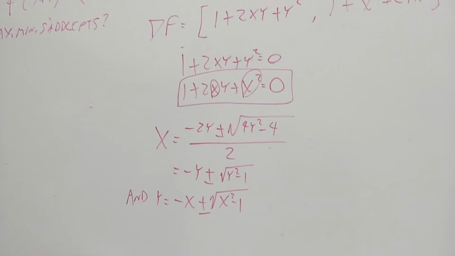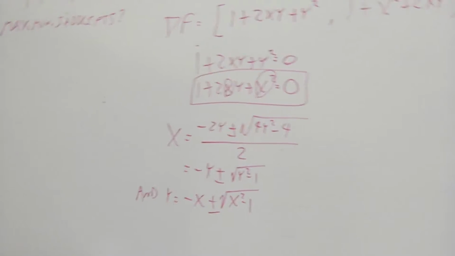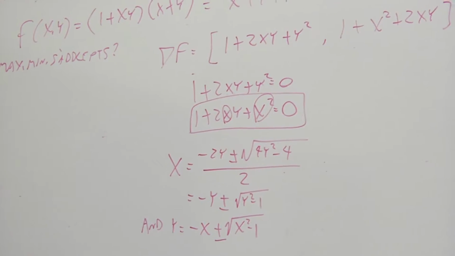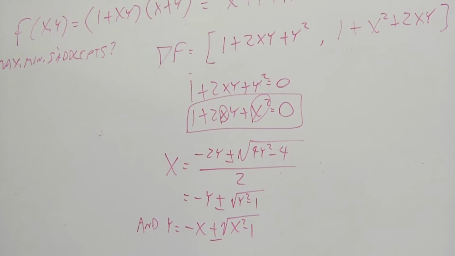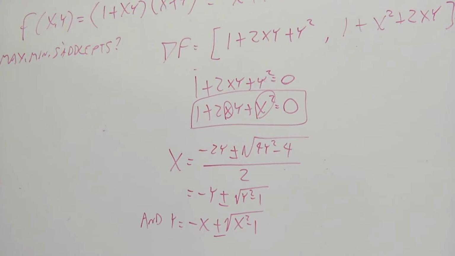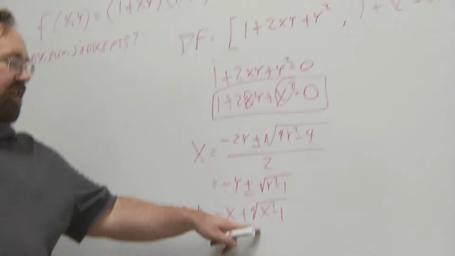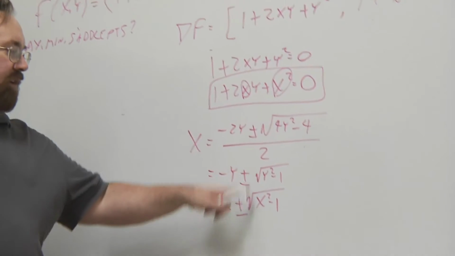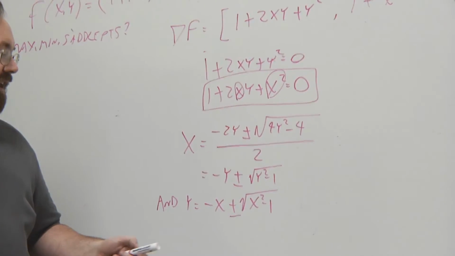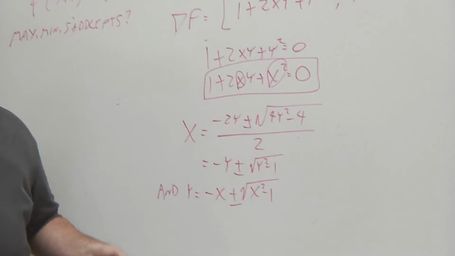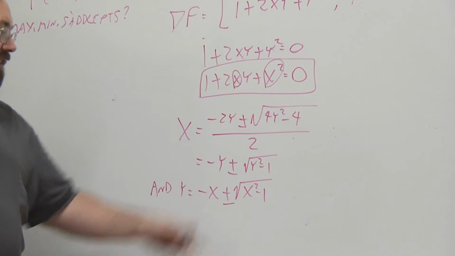Now, what's interesting is that from this you can come up with a couple of solutions by trial and error. If you look at these discriminants, they're going to be equal to 0 if x or y is equal to plus or minus 1. Then that square root just goes away.